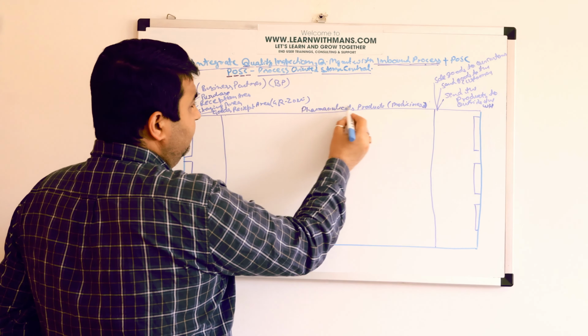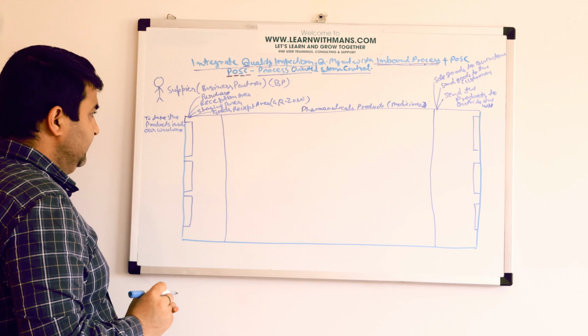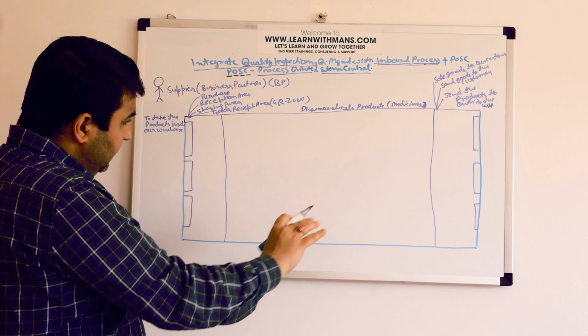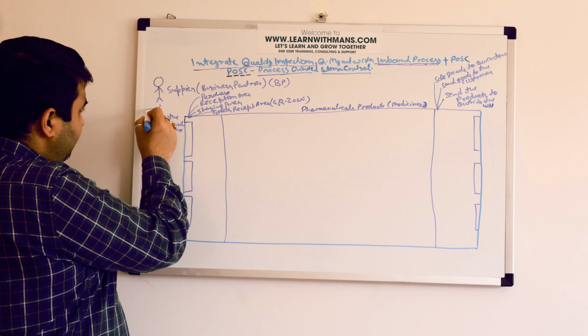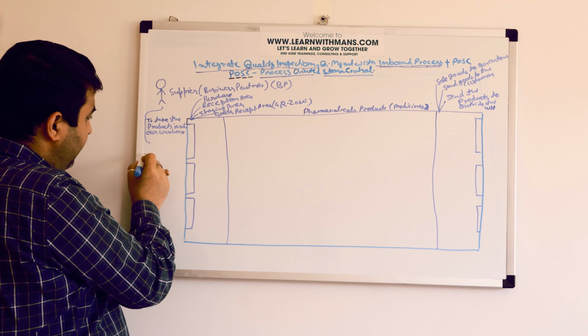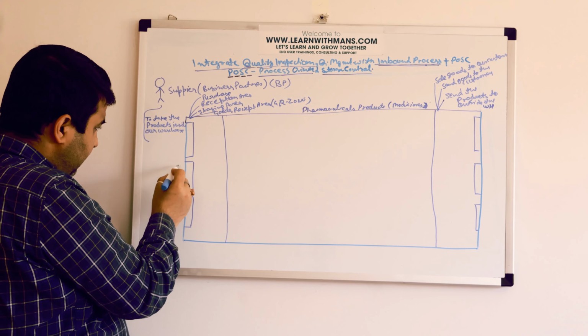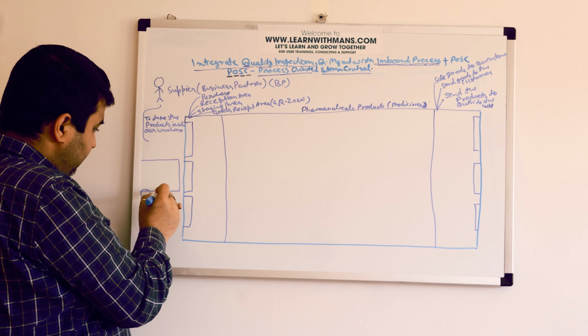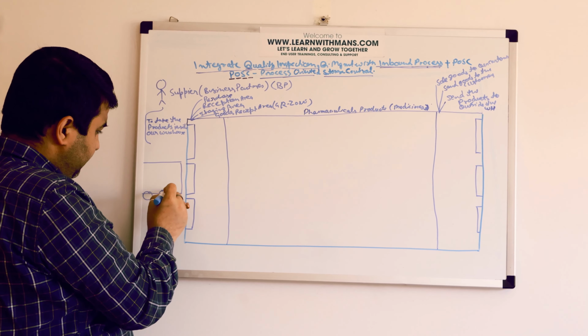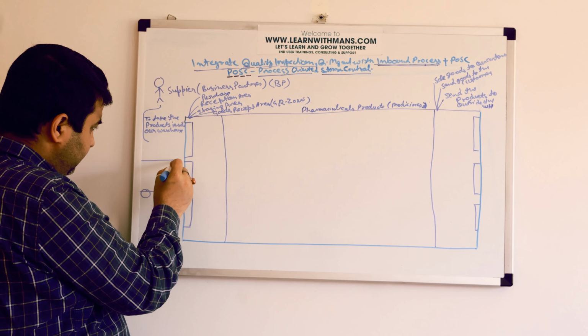Suppose we are dealing with pharmaceutical products, medications. In our warehouse, first, when suppliers send us the goods via lorry, via trucks, okay, then we have, and now suppose this is a truck.